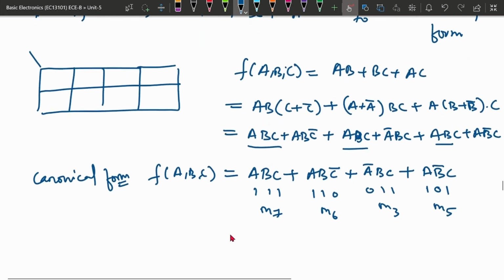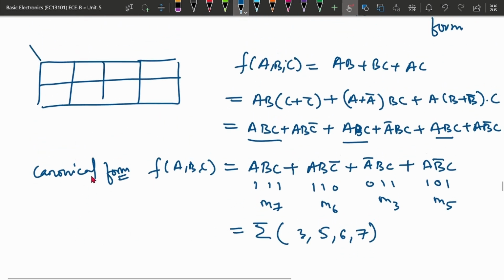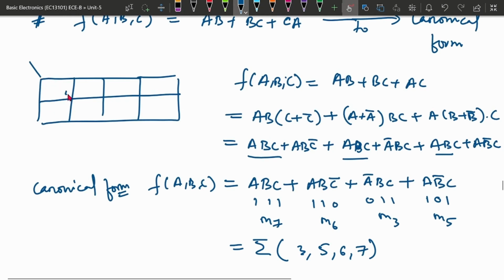In min terms it is 3, 5, 6 and 7. Now we can proceed with the min terms. So this is 0, 1, 2, 3, 4, 5, 6, 7, and now 3, 5, 6, 7. So now we can proceed with the solving.